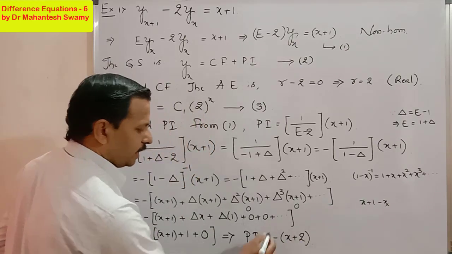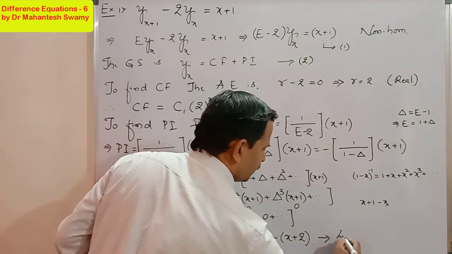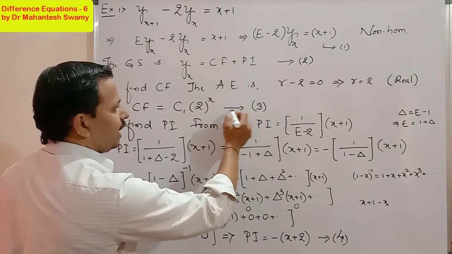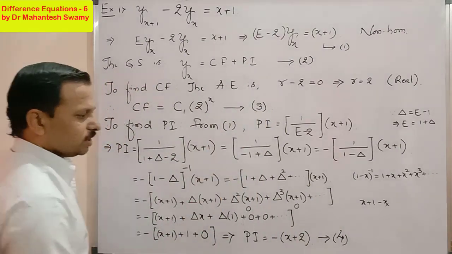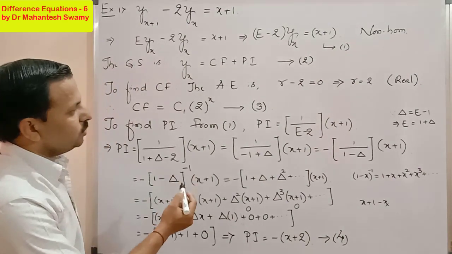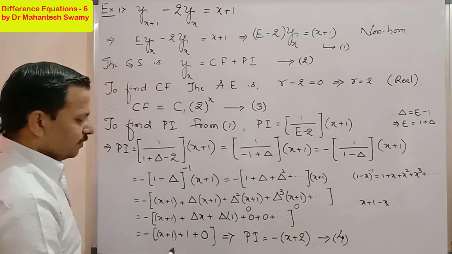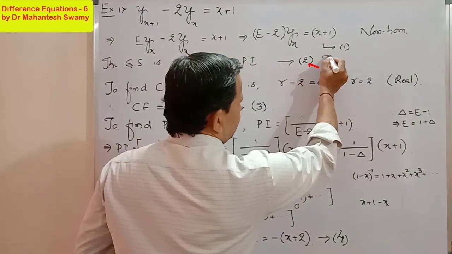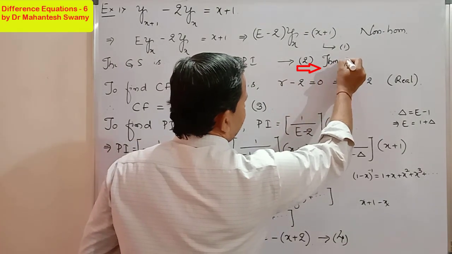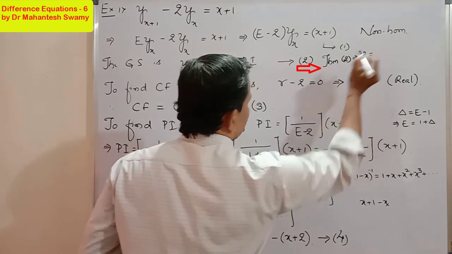So we got the particular integral here in equation number 4. In equation number 3 we are having the complementary function. In equation number 4 we are having the particular integral. Let us substitute these values into equation number 2. Then equation number 2 implies yx equal to CF.